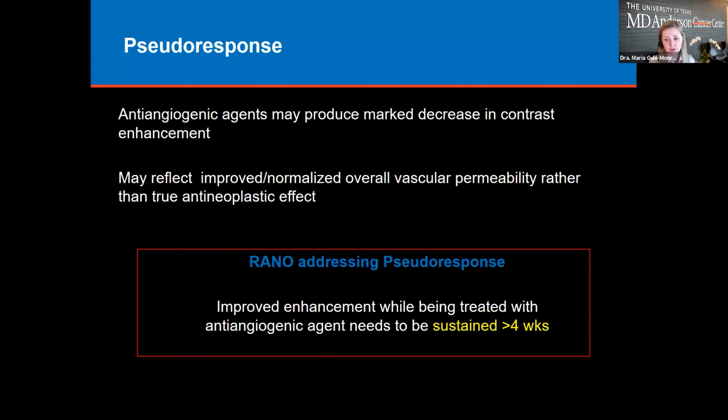It may occur as early as 1 to 2 days after starting treatment with Avastin and can result in high radiologic response rates of about 25 to 60%. For this reason, RANO classifies a response as improved enhancement while being treated with anti-angiogenic agents that is sustained for 4 weeks.